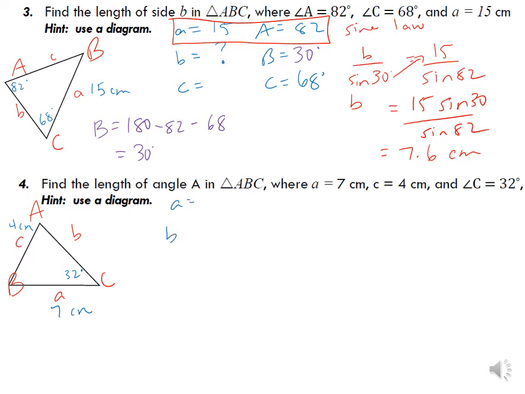Now I don't see a 90, so we're going to go to our chart. A is 7 centimeters, C is 4 centimeters, capital C is 32, and I'm looking for that. Since there's no 90, no Sohcahtoa, do we have a complete letter?